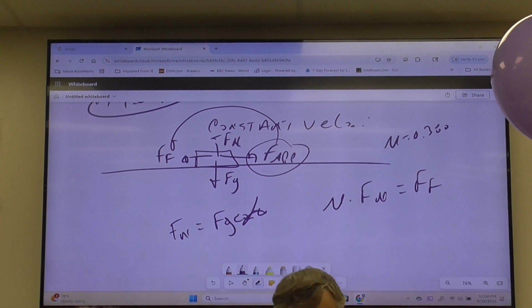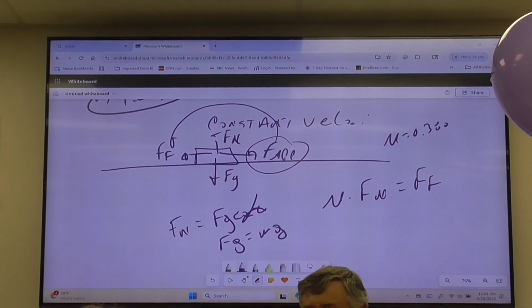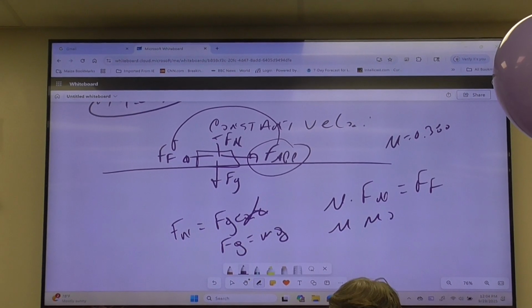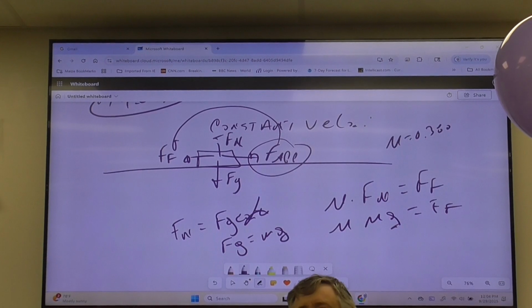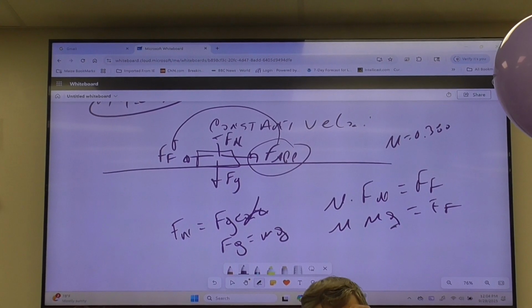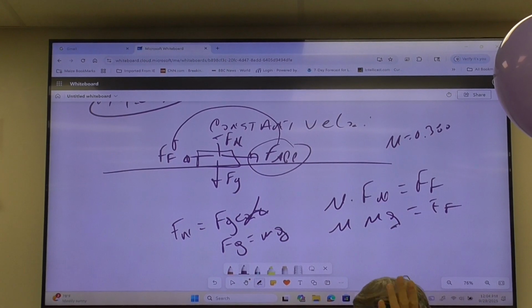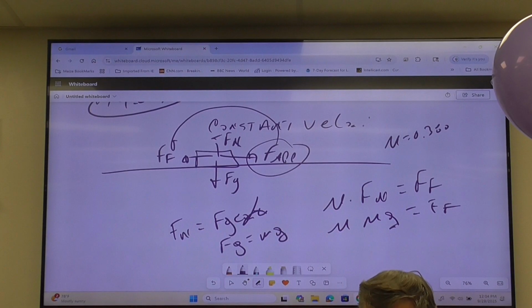Well, there's another equation that says Fg equals mg. So you can rewrite this as mu times mg equals force friction. Because if your answer to 5A is wrong, everything is going to be wrong. Your answer to 5A should be very close to your current age.